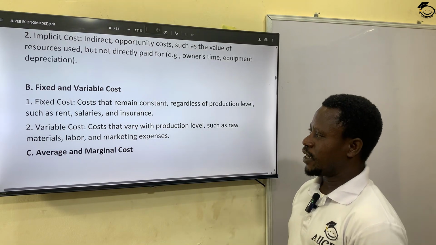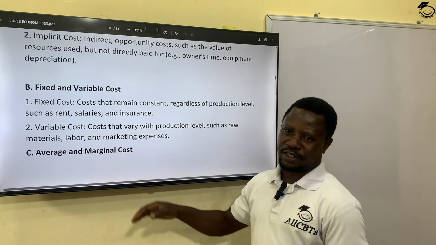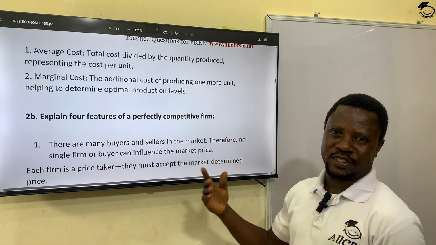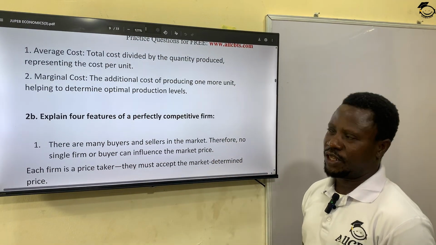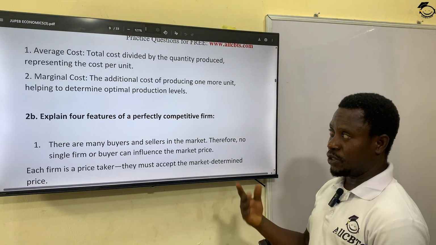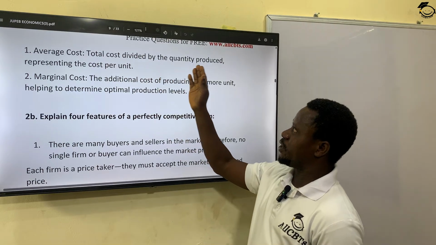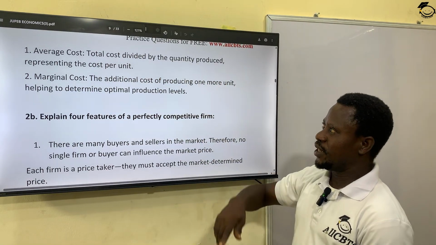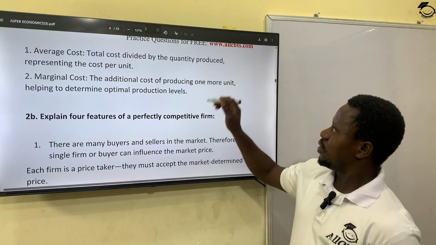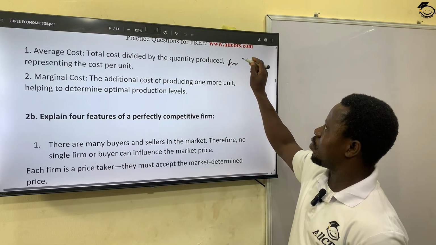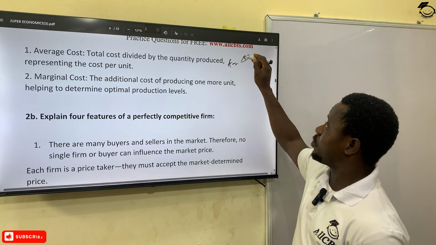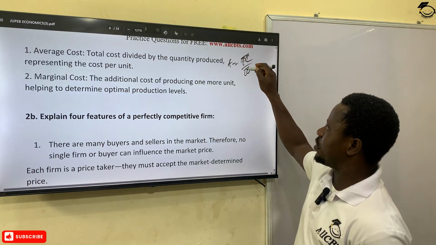All right? Now, average cost and marginal cost. These are the explanations you are giving to the examiner to show them you actually know this, because you are asked to explain them or to define them. Okay? Average cost is the total cost divided by the quantity produced. All right? Remember, we have AC equals total cost over total quantity produced.